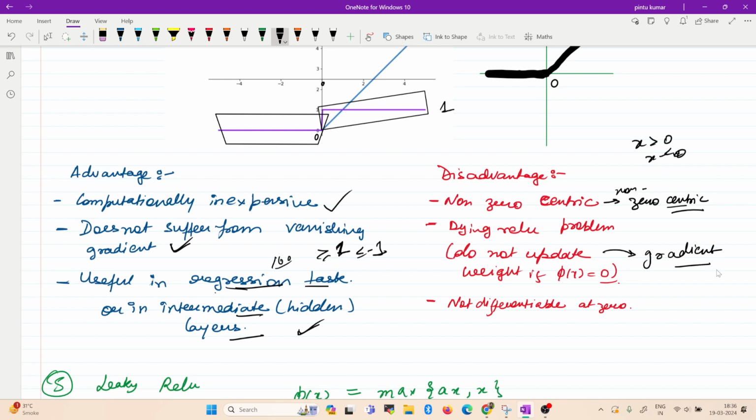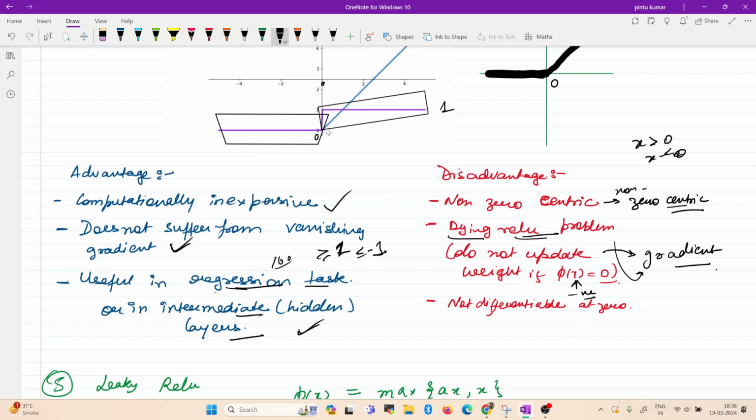Okay. So this is not even about the small updates that we were encountering in vanishing gradient problem. In vanishing gradient problem, what was happening? The updates that we were making were very small. Here you won't make any update at all if your x that you are inputting is negative. So this is a big problem with ReLU functions, that it suffers dying ReLU problem.